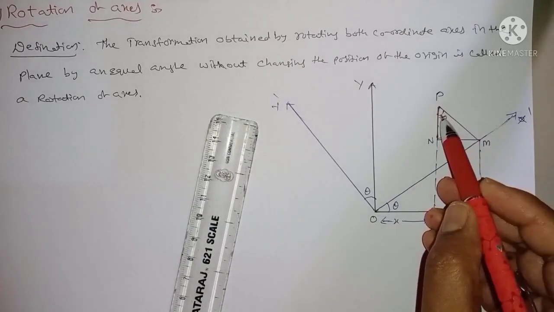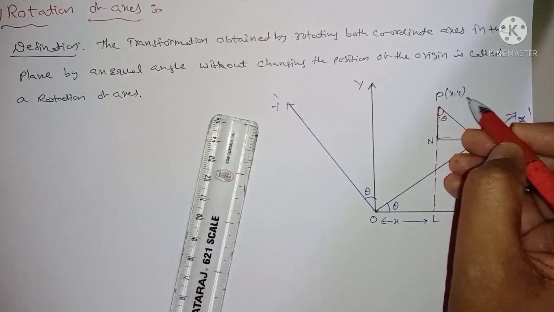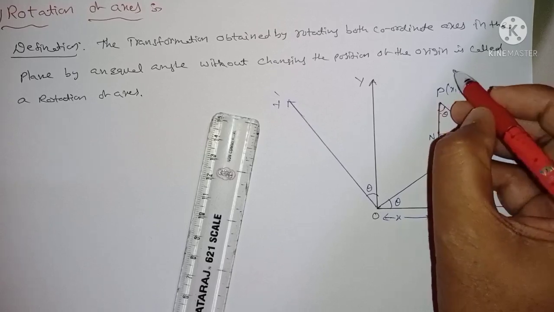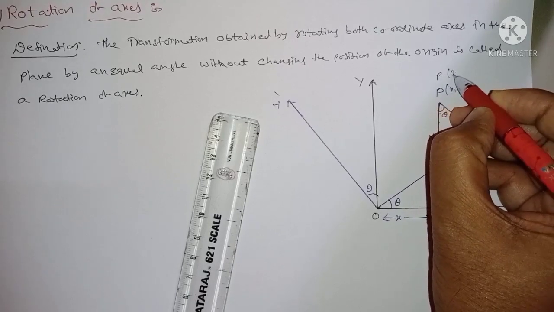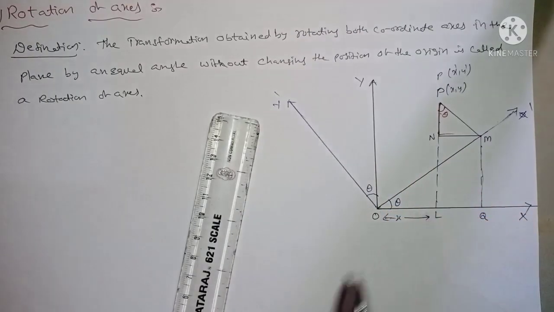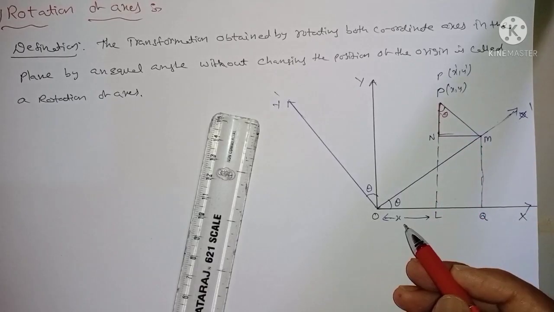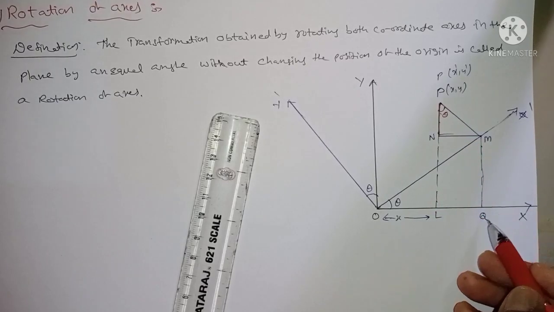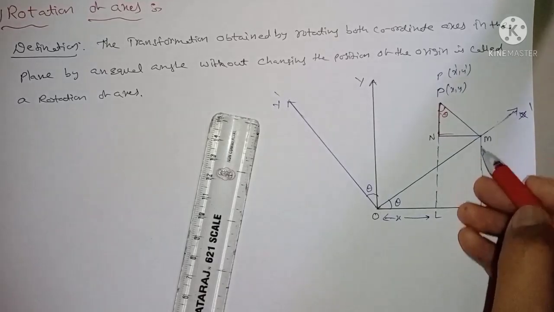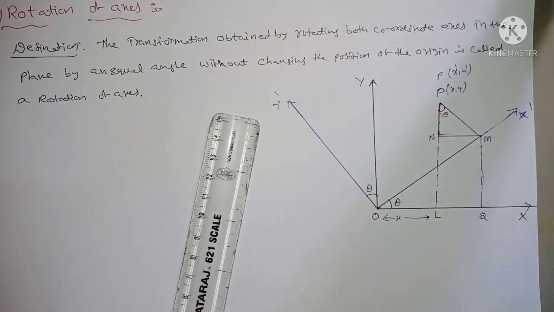In the plane you can put a point P as (x, y). This same point is P dash (x dash, y dash), as it is rotated. Next observe here, this is OL, which is x. You draw a perpendicular line PM to the OX axis. Using this figure you can find the x values and y values.